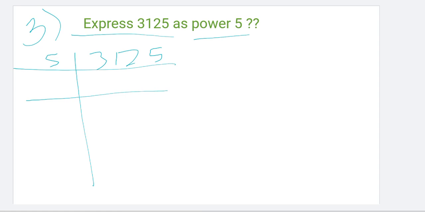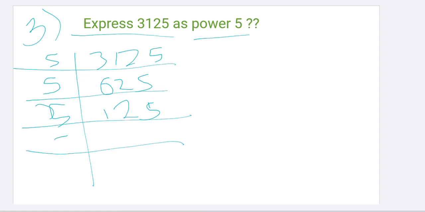So we're going to start solving it. 3125 divided by 5 simplifies to 625, then by 5 again 125, then 25, then 5. So 1, 2, 3, 4 and 5 fives.